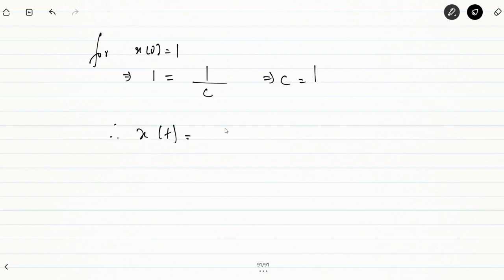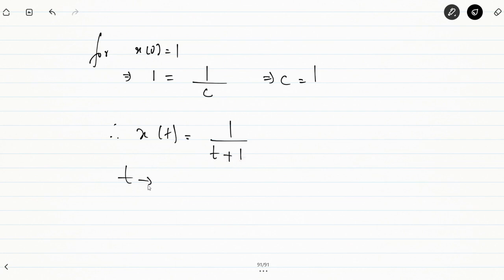So for an initial condition, for x0 equal to 1, if you substitute t equal to 0, 1 is equal to 1 by 0 plus c, that means c is equal to 1. Therefore, the solution of this system is x(t) is equal to 1 by t plus 1.